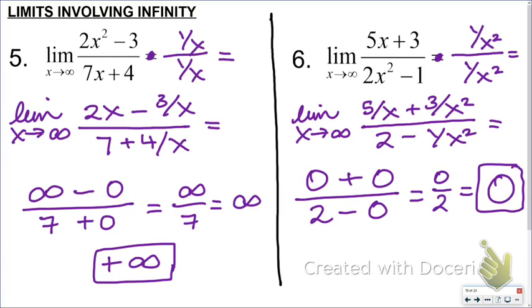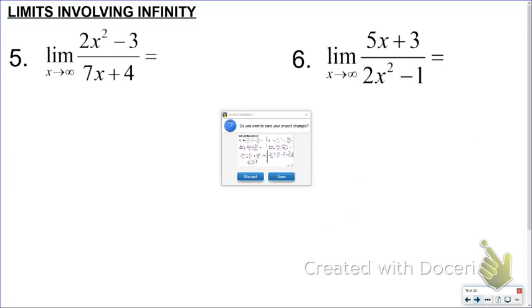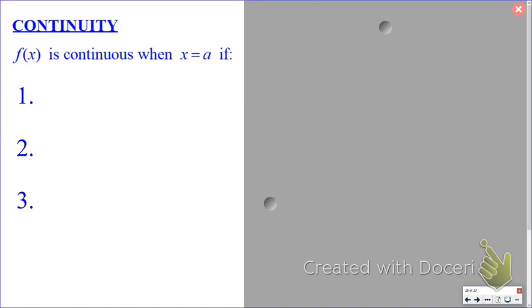All right, moving right along. Last topic for review is, oh no, sorry, not the last topic, close. The conditions of continuity. A function is continuous at x equals a if, the first condition is f of a must exist.